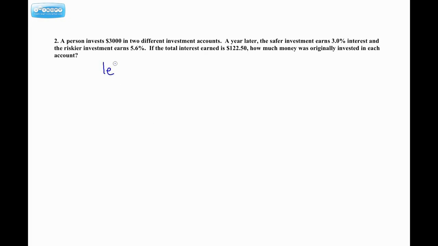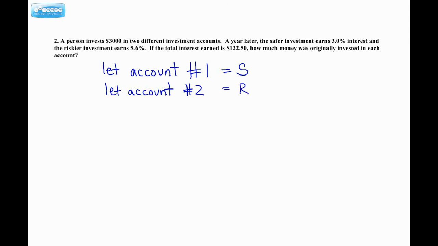So let account number 1, so this is the safer account, be S for safe. And let account number 2, however much we put in that one, that was the riskier one, we can call that R.